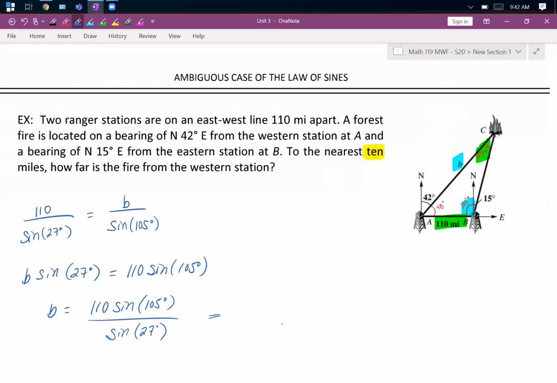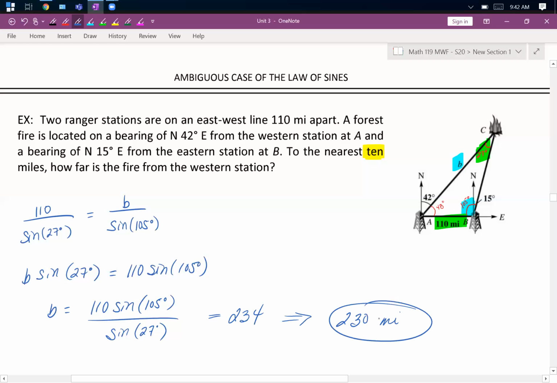I'm anticipating something much larger than 110 because the angle across from 110 miles is only 27 degrees and 105 degrees is much larger than that. So I'm anticipating a number quite a bit larger than 110. 234. That's what I got too. But then remember, we're rounding to the nearest 10, so we're just going to call that 230. Questions at all?